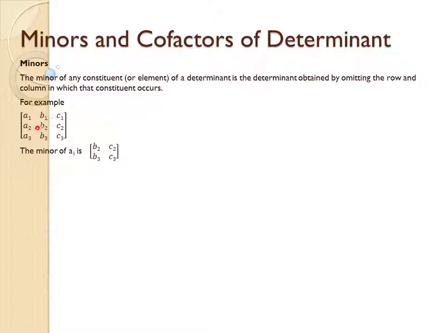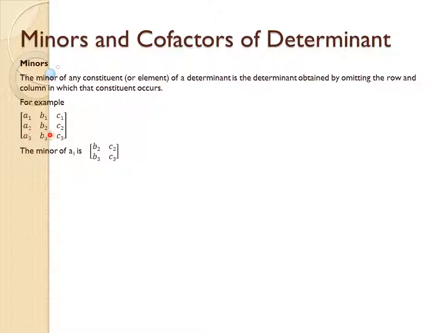Now you can ask me, sir, what is the minor of b1? It is very easy. If we have to find the minor of b1, then we will omit the row of b1, that is this one, and we will omit the column of b1, that is this one. So what is the residual? The residual is a2, a3 and c2, c3.